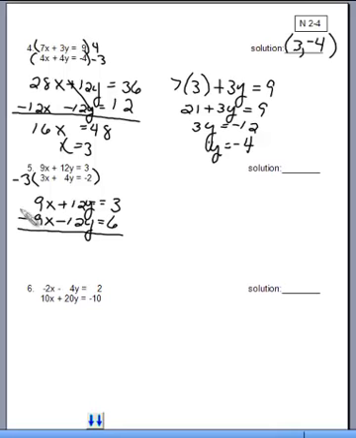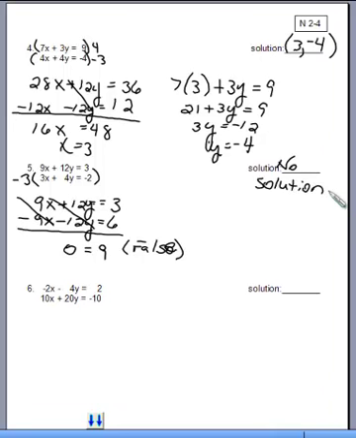Now this is one of those cases, well look what happens. Both of these variables, I eliminated both variables, and so that's 0 equals 9. Well, 0 is not equal 9. That's a contradiction. It's a false statement. And if you end up with a false statement, then the answer is going to always be no solution. Those lines would have been parallel to one another if we graphed them.